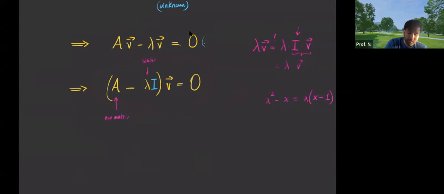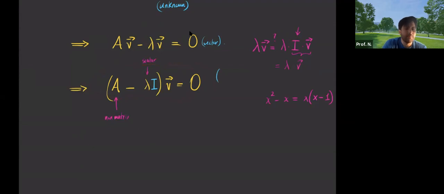This is a 0 vector. Why? When you multiply, this is a vector. It's going to be an n by 1 vector minus an n by 1 vector. That's going to give you an n by 1 vector, but they're all zeros. What kind of equation is this? No, it's not a polynomial yet. We're not doing polynomials yet, not yet. I'm talking about in the world of matrices.